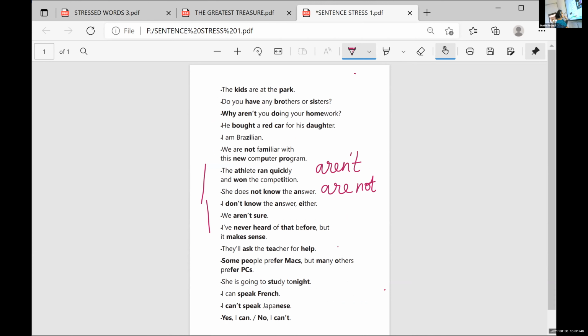So some people, again plosive sounds, prefer, take care of the letter R, prefer Macs, but many others prefer PCs. So the second syllable is stressed. Repeat. Some people prefer Macs, but many others prefer PCs. Perfect. PCs means personal computers.